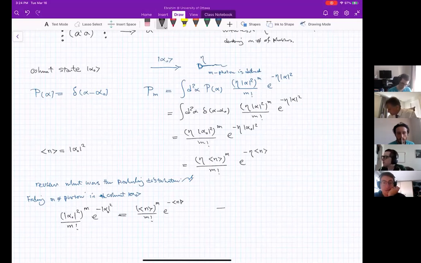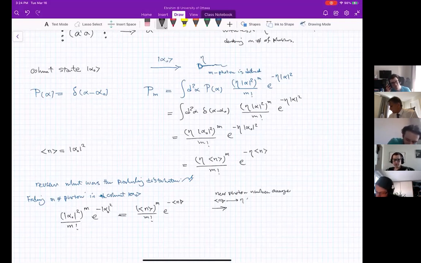So if you replace the new average photon number with eta n, then you will get exactly the same probability. So an inefficient detector, on the coherent state, just reduces the magnitude of the coherent state by the square root of eta. That's all. Clear? Good.